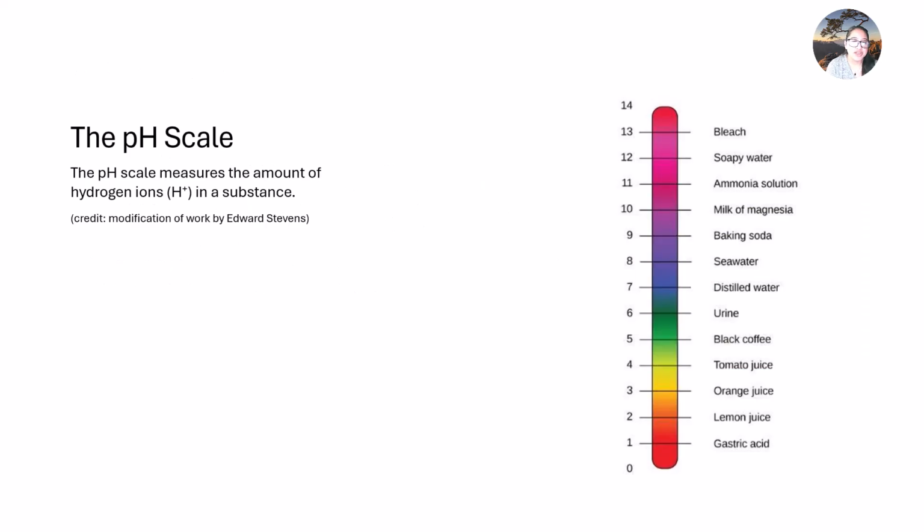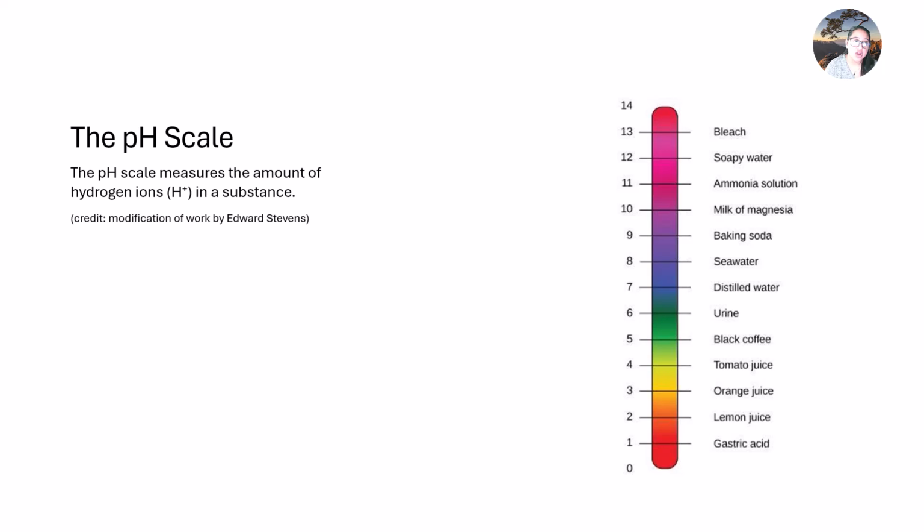Another thing to mention about chemistry as it relates to biology is the pH scale. The pH scale measures the amount of hydrogen ions in a substance. Stuff can dissolve in water, like I mentioned, and some things dissolve and give off their hydrogen ions.